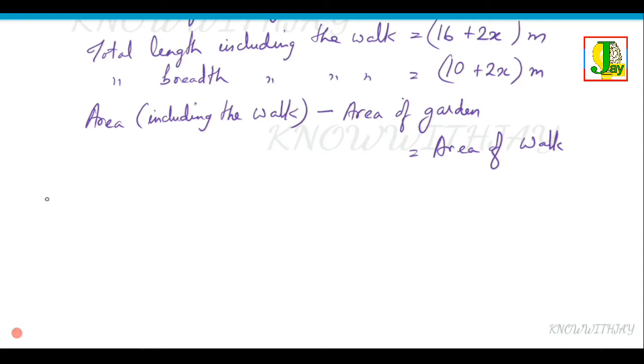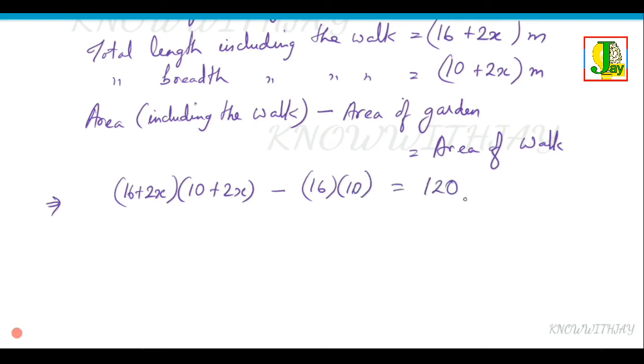So the length and breadth of the outer rectangle, that's 16 plus 2x into 10 plus 2x, minus area of the garden, 16 into 10, equals the area of the walk, 120 square meter. Okay, so we get an expression in terms of x.